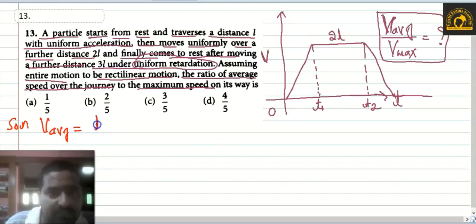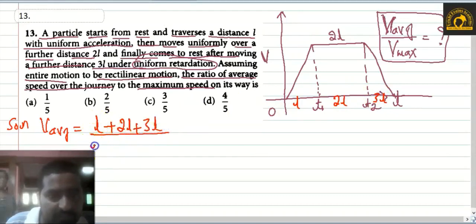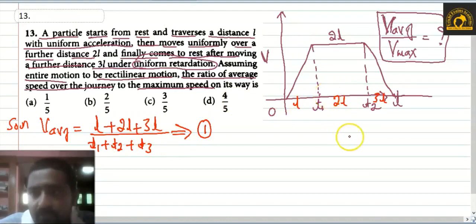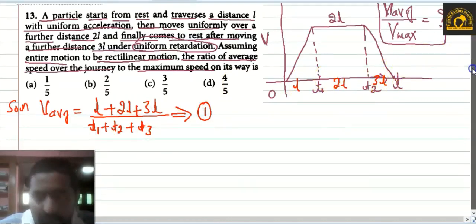First one is L, second one is 2L, third one is 3L. So L plus 2L plus 3L, divided by the total time T1 plus T2 plus T3. This is equation number 1. Now you have to find out T1, T2, T3 and put those values in this equation.